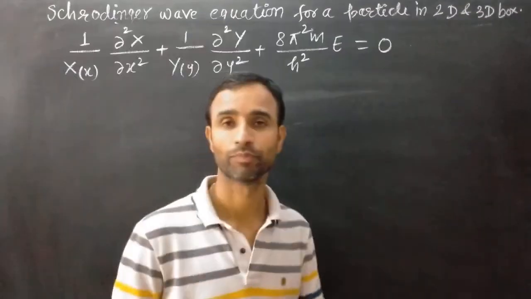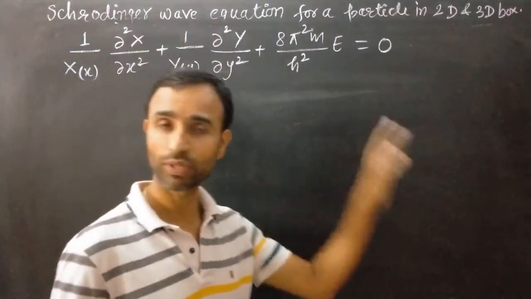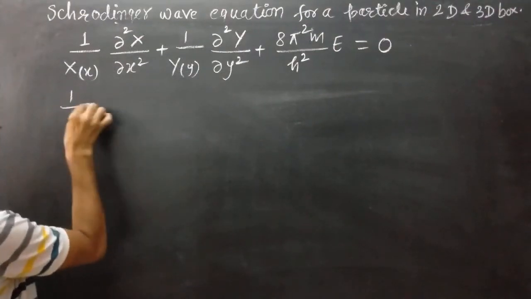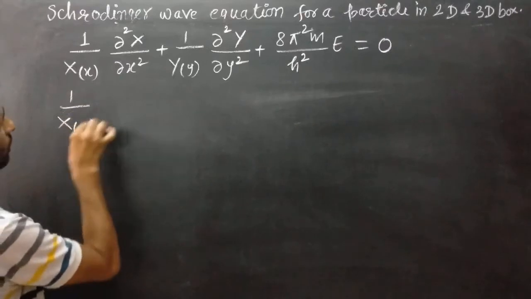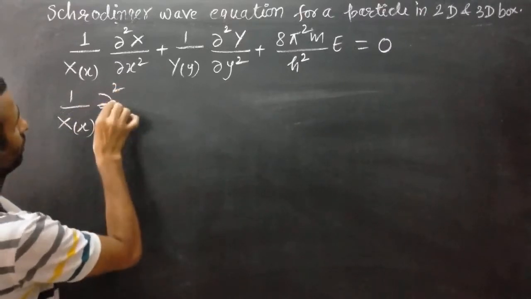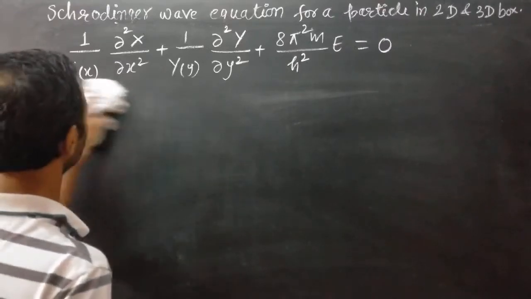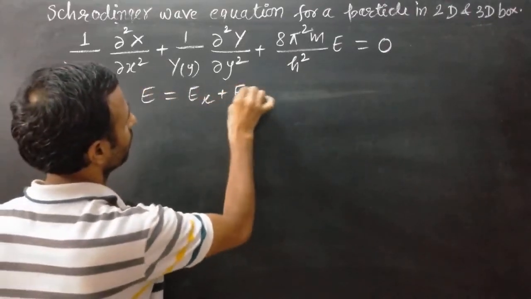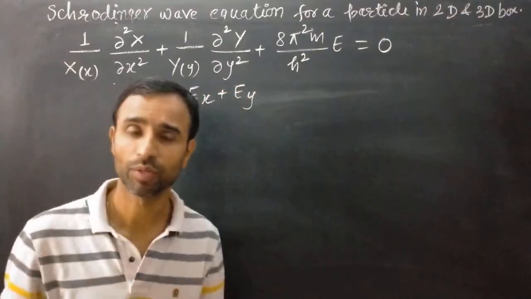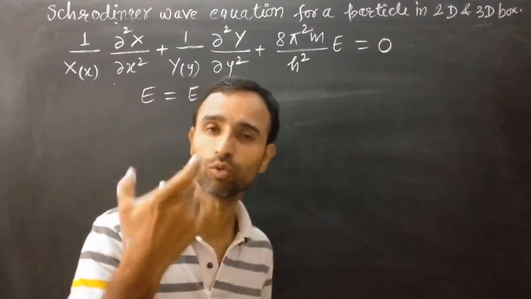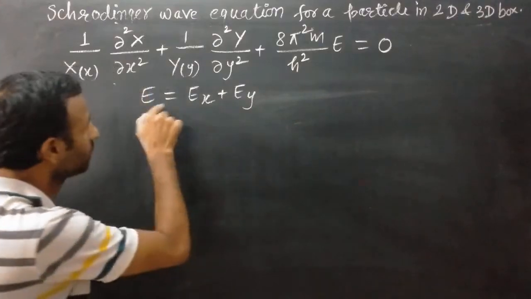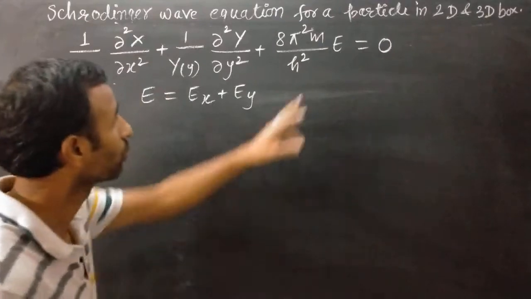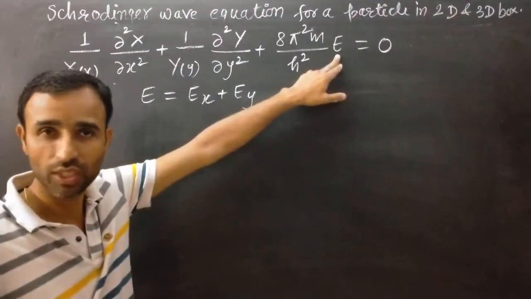Now after getting this equation, this total energy is equal to Ex plus Ey, because the particle is in a 2D box, so the energy is divided into two parts, along x-axis and along y-axis. So E can be written as Ex plus Ey.